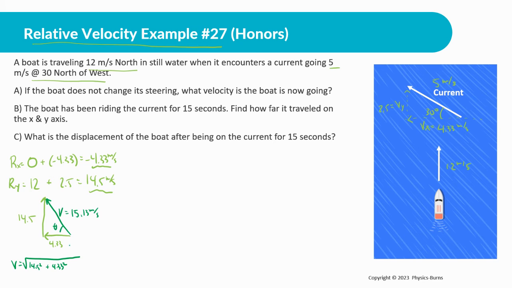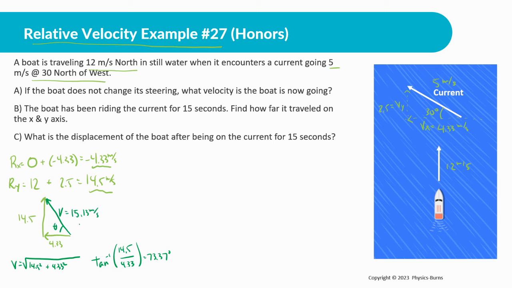And this angle here, I'm going to use tan. So let me see. Tan inverse is equal to opposite 14.5 divided by adjacent 4.33. And the angle that's going to give us, tan inverse of 14.5 divided by 4.33, is 73.37 degrees.